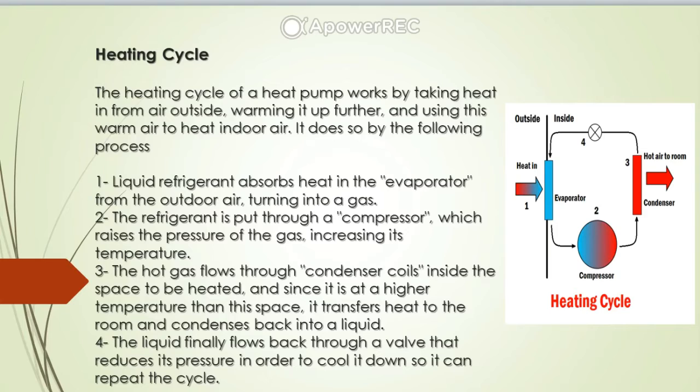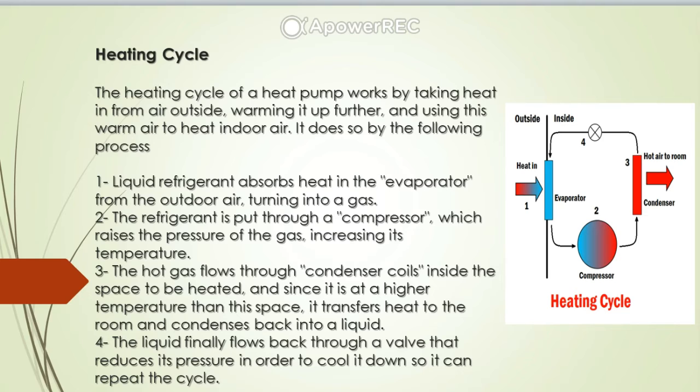Assalamu alaikum warahmatullah. I am Muhammad Abdullah Nasser. I'm going to talk about the heating cycle. The heating cycle of a heat pump works by taking heat in from air outside and warming it up further, and using this warm air to heat indoor air.